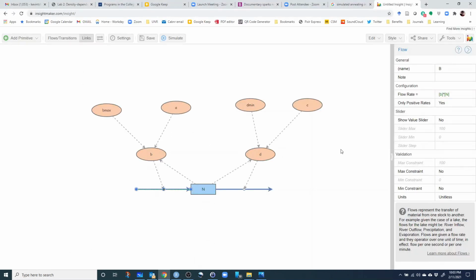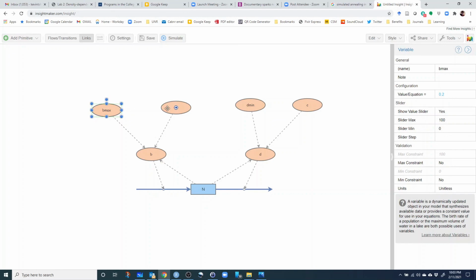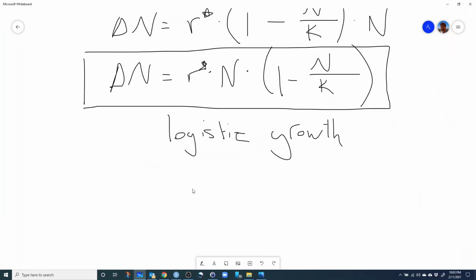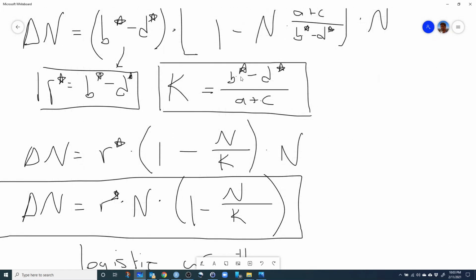There are two different ways of representing logistic population growth, but they really are the same model. And you can derive carrying capacity as a function of these four variables. And Gotelli shows you how to do that. And I mentioned it in the whiteboard lecture because we saw that carrying capacity is B max minus D min divided by A plus C.